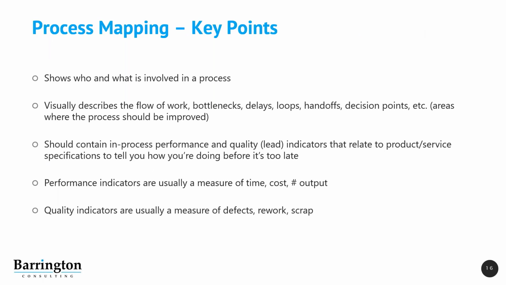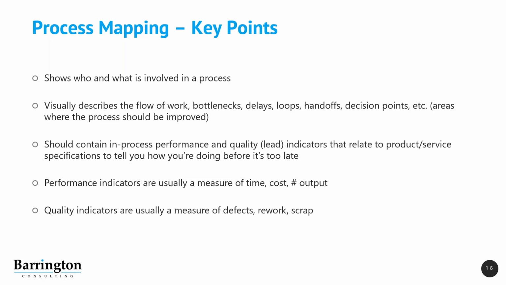So a couple key points about process mapping. We really want to show who and what is involved in the process. We want to define the key activities and who is responsible for those. We like to do this visually. Rather than writing out an SOP, process maps are a visual indicator of what the process looks like.